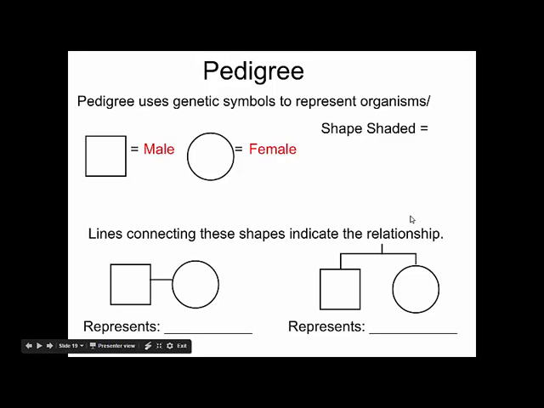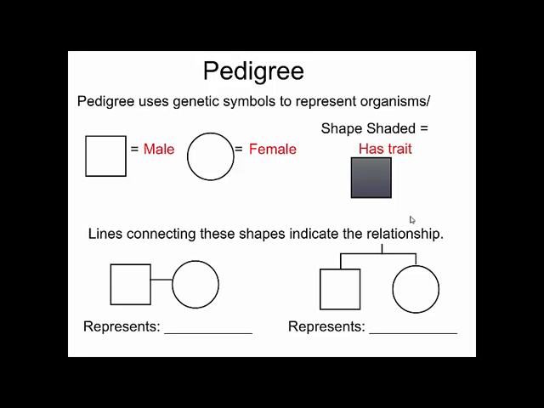If we have those shapes shaded, it means they have the trait. So a shaded square means a male who has the trait. A shaded circle is a female who has that trait.